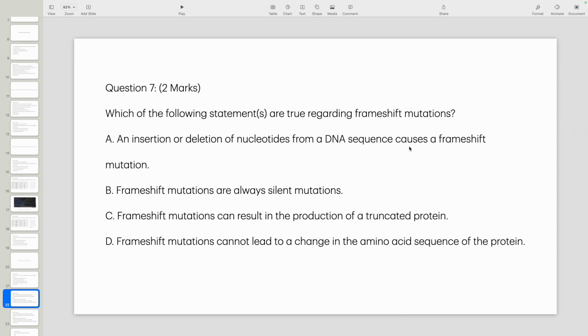B, frame shift mutations are always silent mutations. No, frame shift mutations are not always silent mutations.